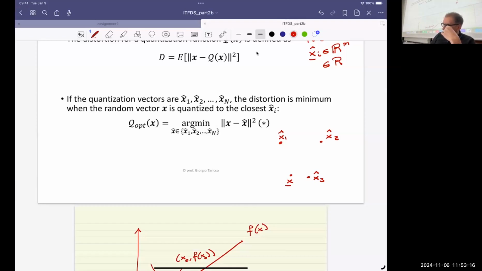So in this case, Q of x, where x is this point here, gives x hat 3, the closest point among the set of available points that are the quantization points.